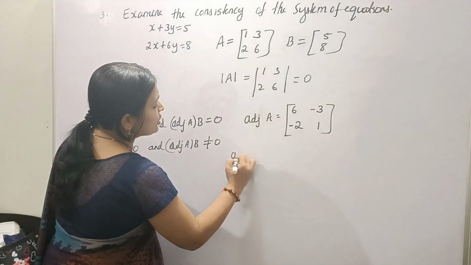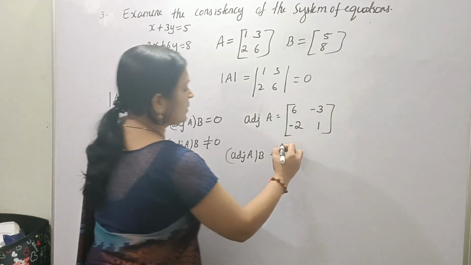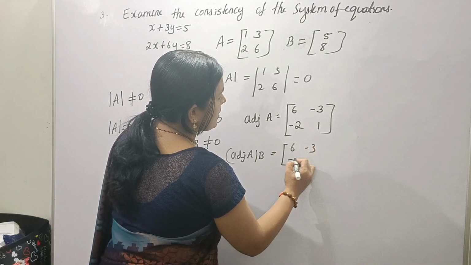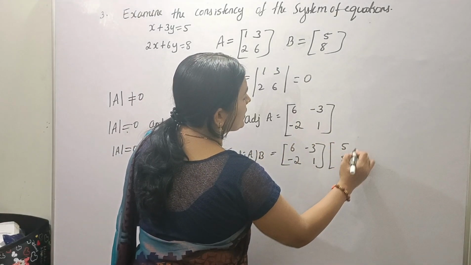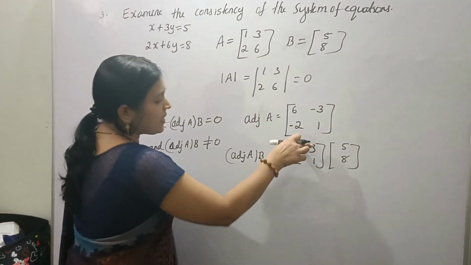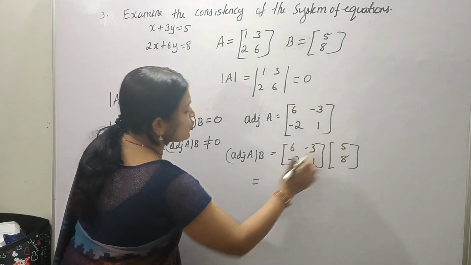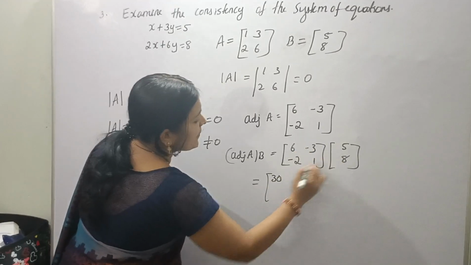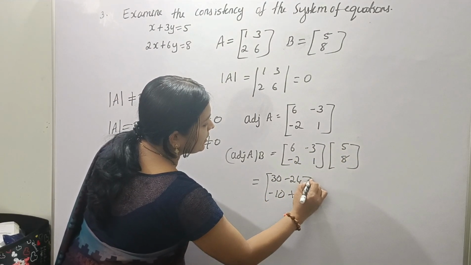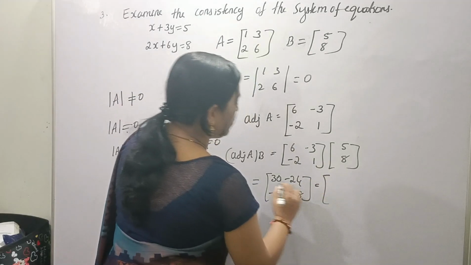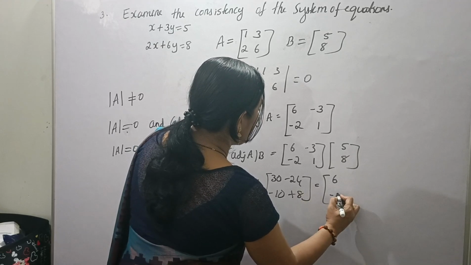Now let's find adj A into B. What is adj A into B? That is 6, -3, -2, 1 into B is 5, 8. Multiply these two matrices. First row multiply by first column, there is only one column. 6 into 5, 30, minus 24; minus 10 plus 8, that is equal to 30 minus 24, 6, here minus 2.